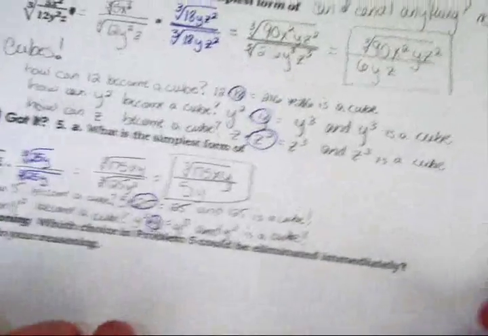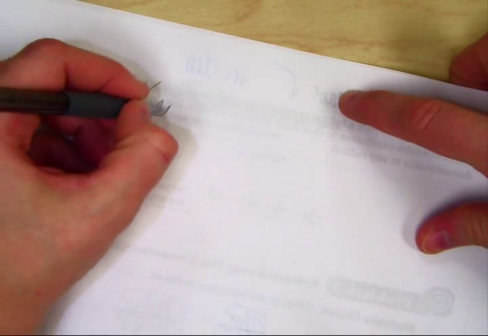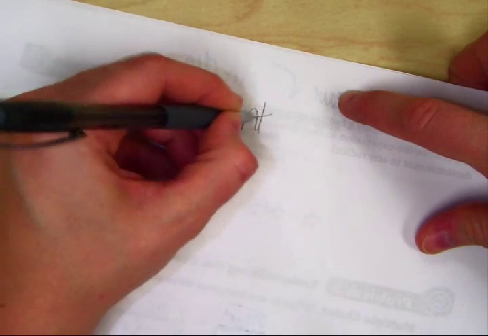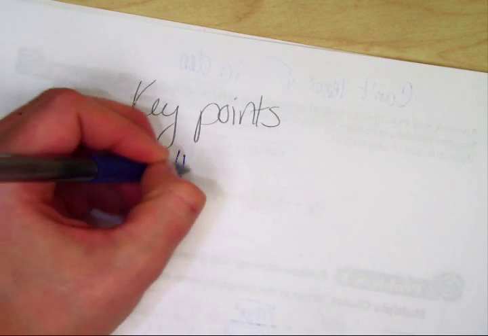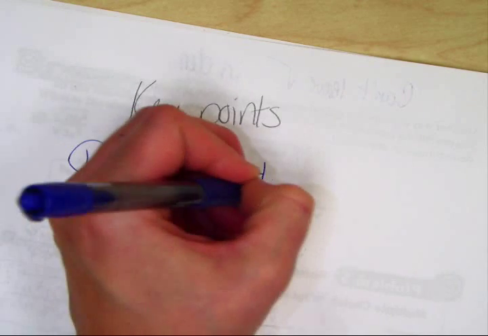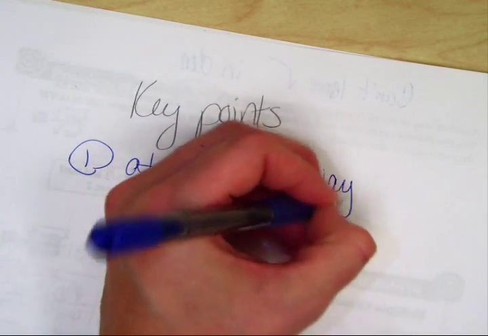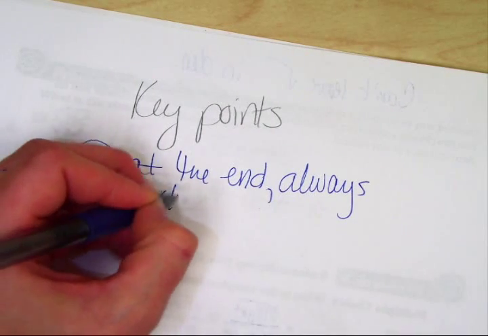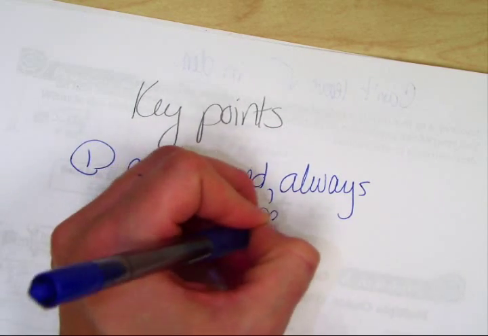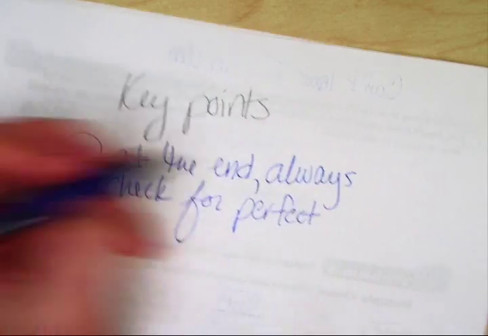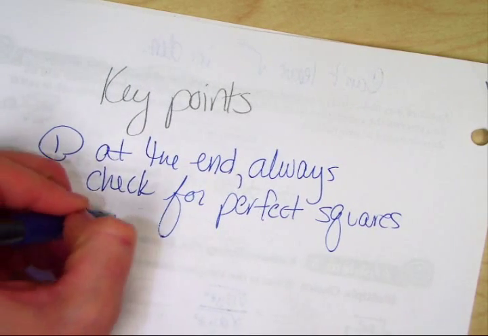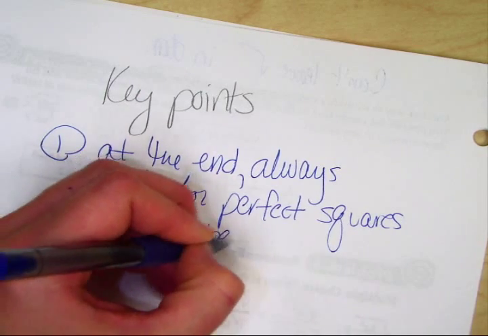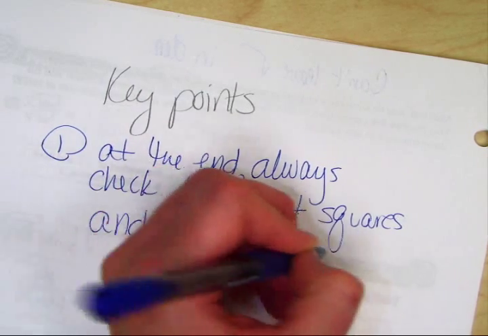Alright, now that's the lesson overall, but just a couple of key points. Number 1, at the end, always check for perfect squares and cubes that you may be able to pull out.